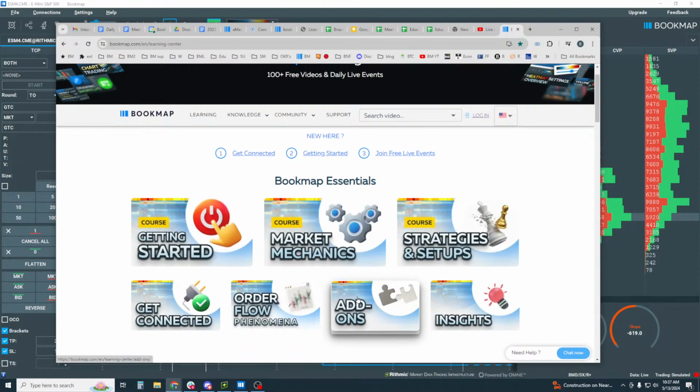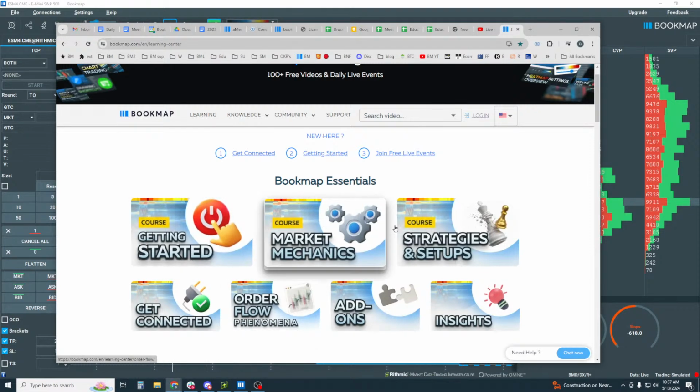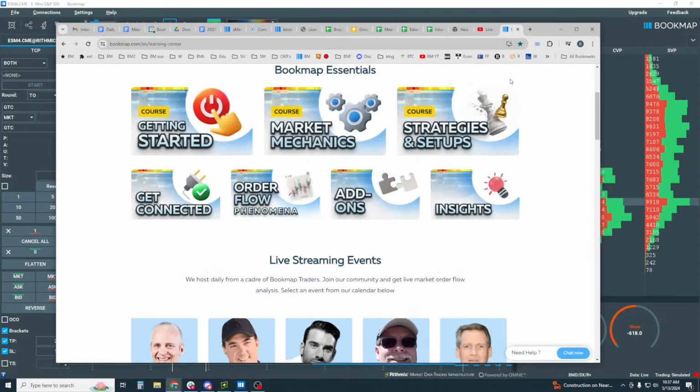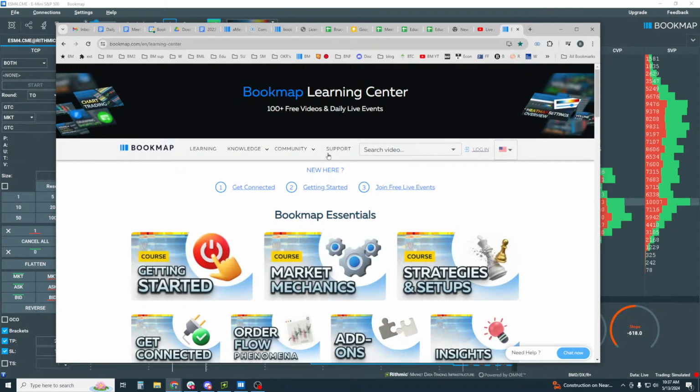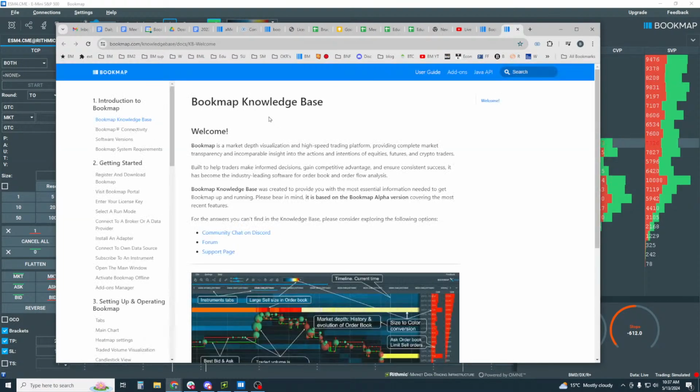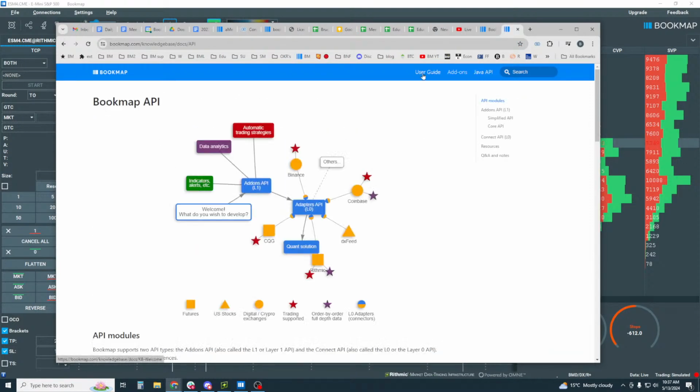There's the add-ons in here, order flow phenomena, getting started, the markets mechanics course, also some strategies in here. That'll probably be really helpful. Another link in here, the knowledge base. Click on knowledge, go to knowledge base, and that'll take you in here. You can read about the add-ons or the user guide or our Java API as well.